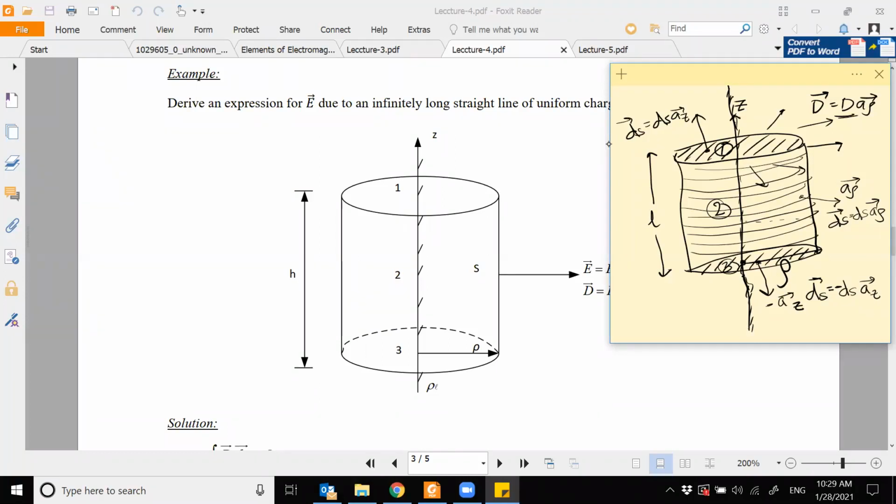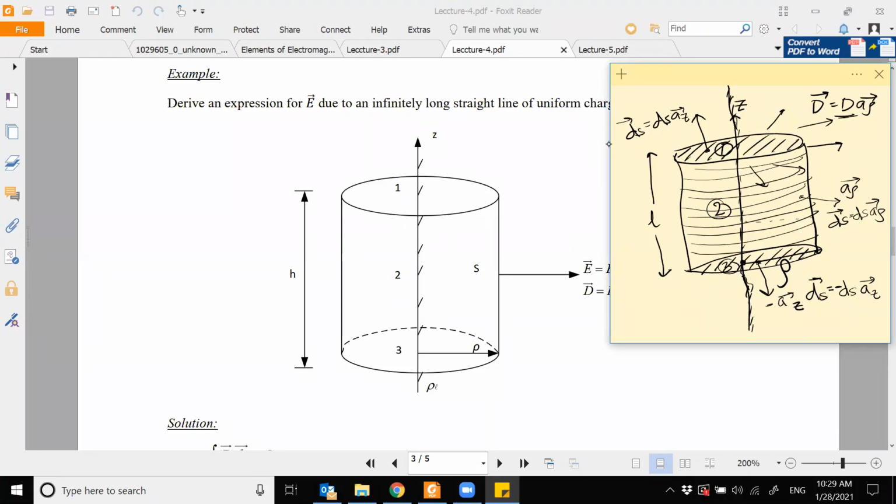What about the bottom? Same, also 0. A rho dot minus a z doesn't matter, it again gives 0. So the contributions from the top and bottom surfaces are 0.